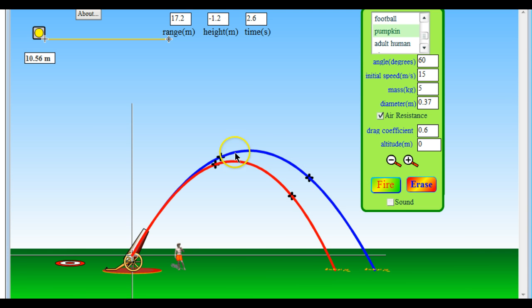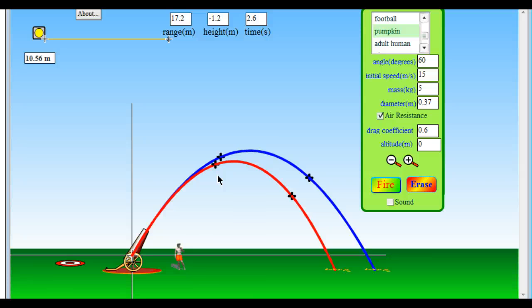Also, you should notice it doesn't reach the same peak height. So it loses both height and range. On the way up, there's an air resistance that's downward, so that causes you not to climb as high. On the way to the right, the whole time, we're going to be losing some velocity because we'll have some acceleration against us.